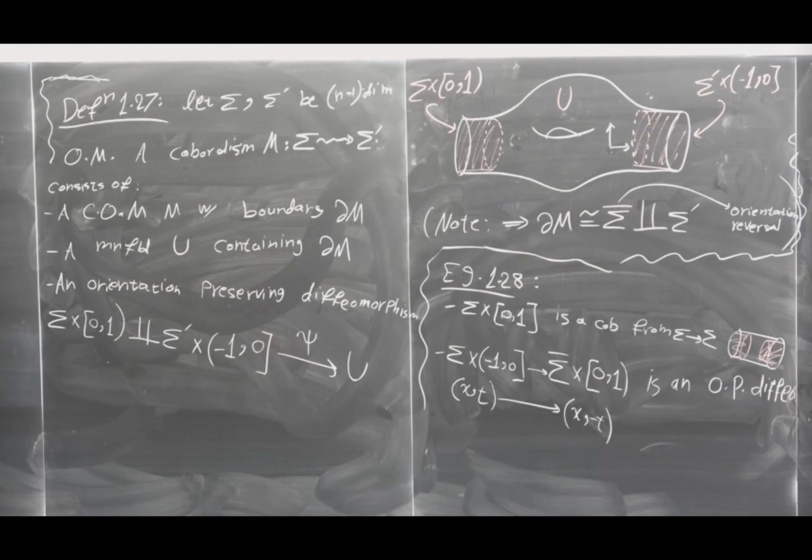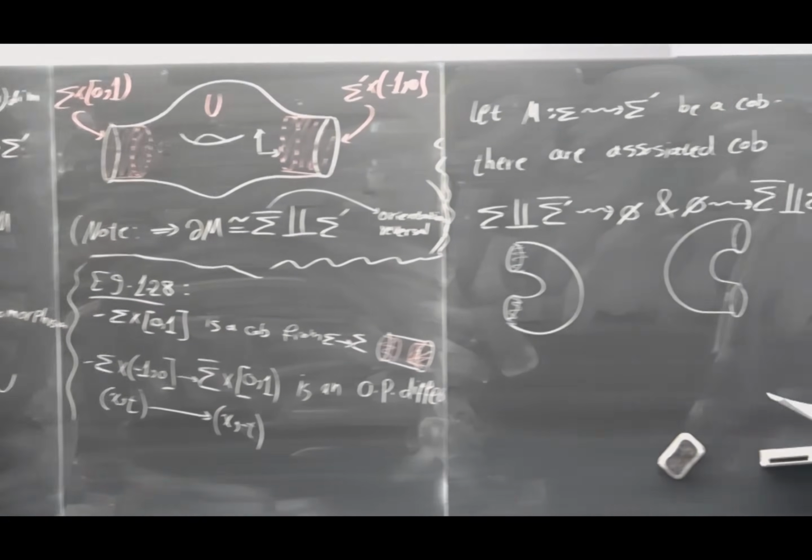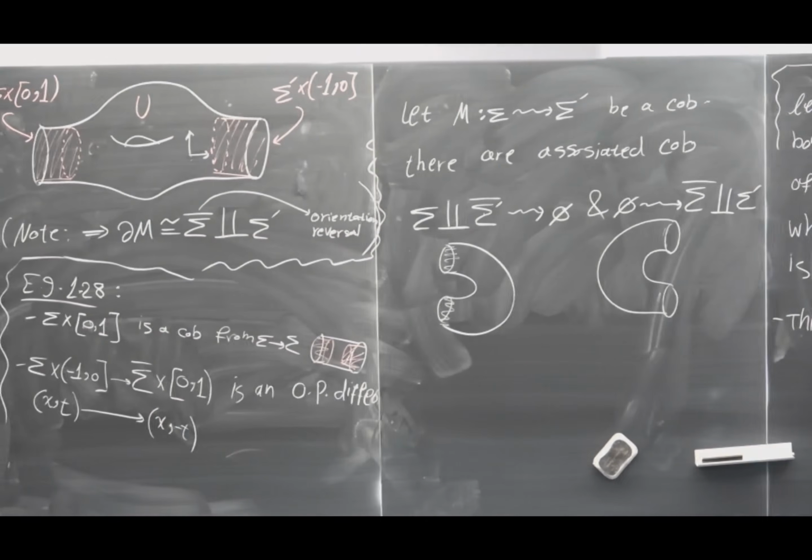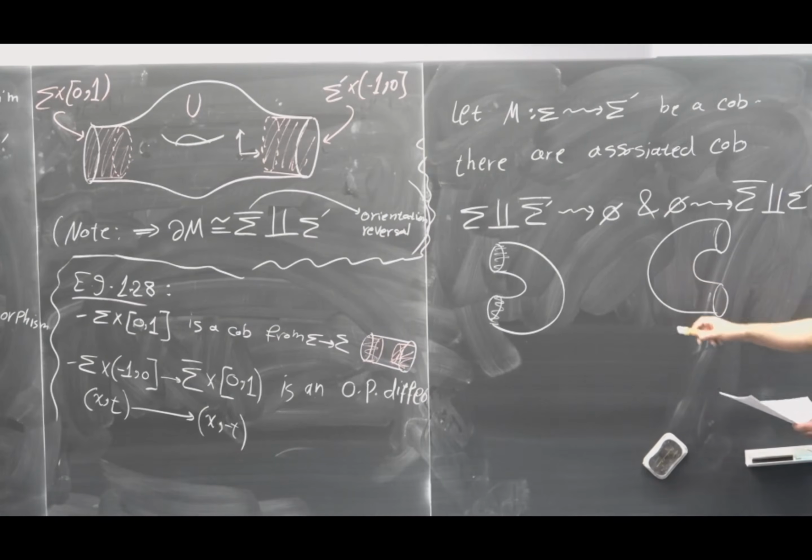And here it's just the opposite shape of that. Collar neighborhood, and so on. You start with the empty set, and you go to the disjoint union of sigma orientation reversed and sigma prime.